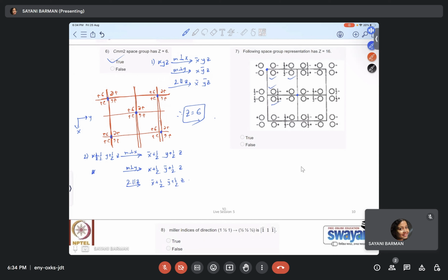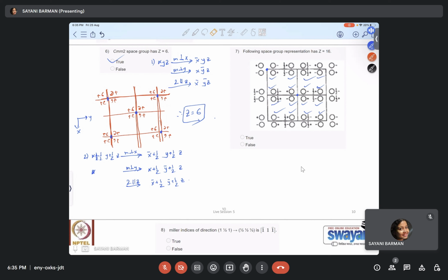And from C-centering also 1, 2, 3, 4. Right. Okay, there is another one. Here also 1, 2, 3, 4. 8 has been done. 9, 10, 11, 12, 13, 14, 15, 16. These are unique.